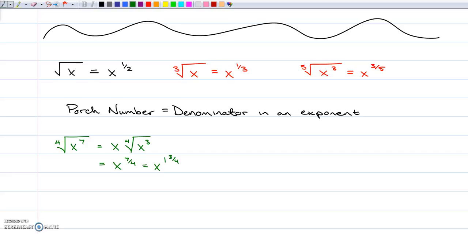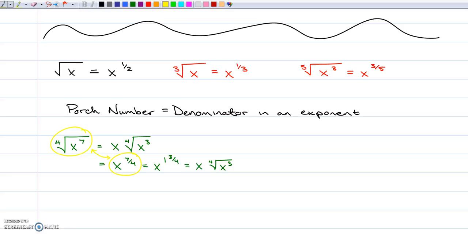Or, pause, timeout, x times the 4th root of x cubed. They're all the same. It's a big cycle. We can translate this however we want to. But the big idea is that if I give you a radical, you can change it into an exponent pretty quickly and pretty easily.